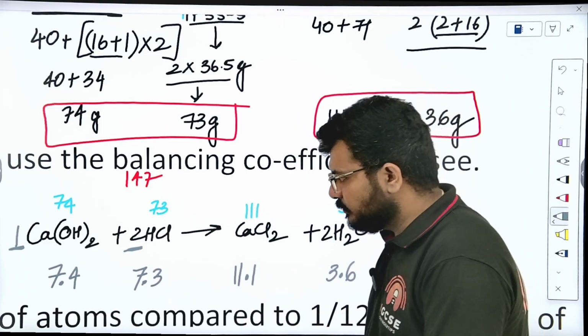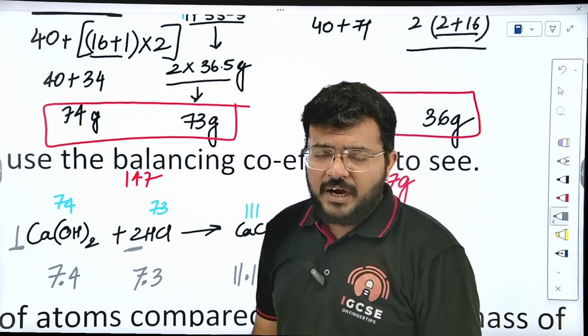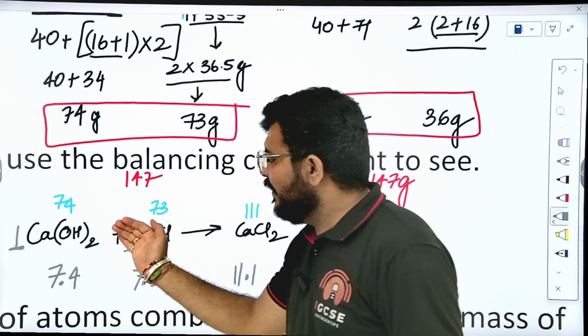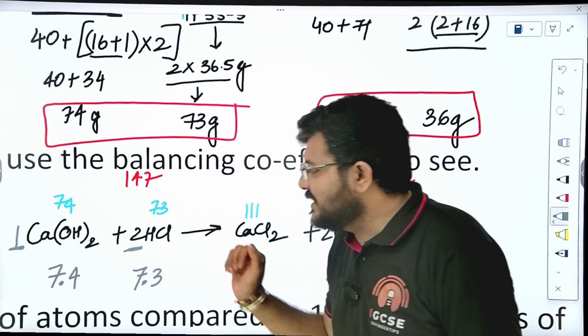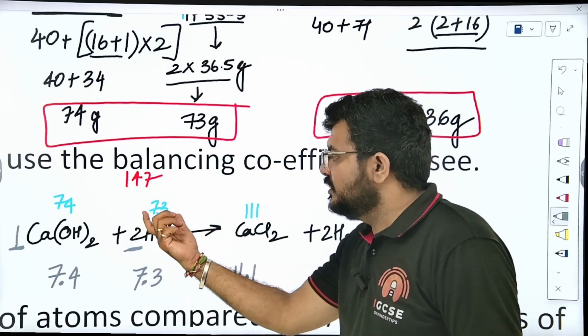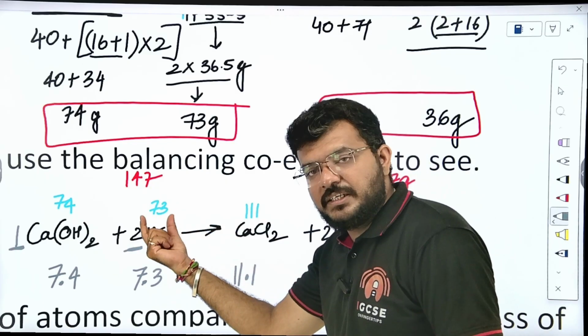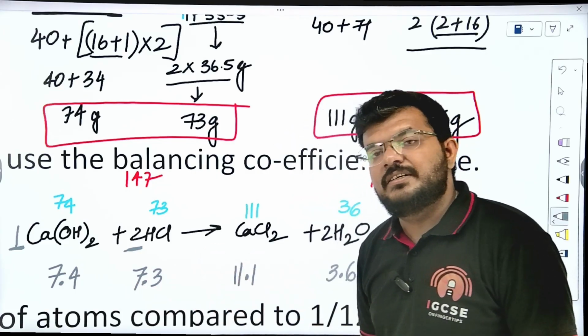What I did, so let's say 74 gram is one part of calcium hydroxide. Now I am taking 0.1 part of calcium hydroxide. How much HCl will I require? If this is 1, this is 2 parts, right? I will require 0.2 parts. So this mass divided by 10.